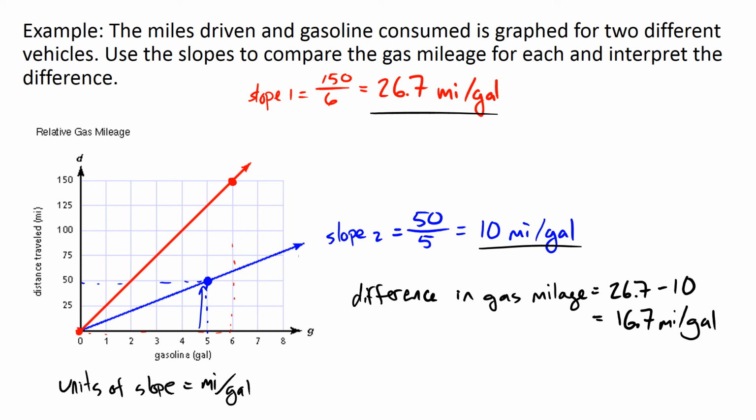And so you see that the car from the red line is way more fuel efficient than the car from the blue line. And so we could write that out. Vehicle from red line way more fuel efficient.